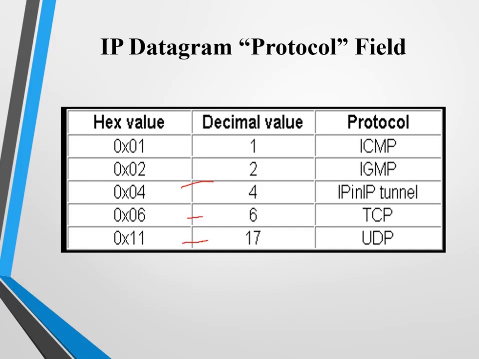This value is for ICMP protocol. This is IGMP. This is IP tunnel के लिए है. This is for the TCP and this is for the UDP. So they are an IP datagram protocol fields.